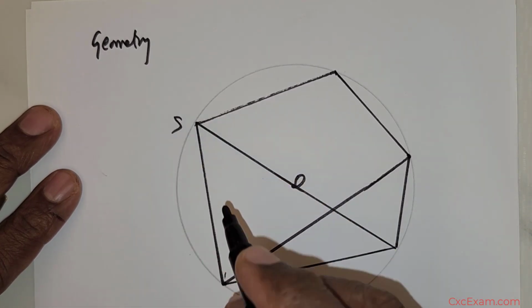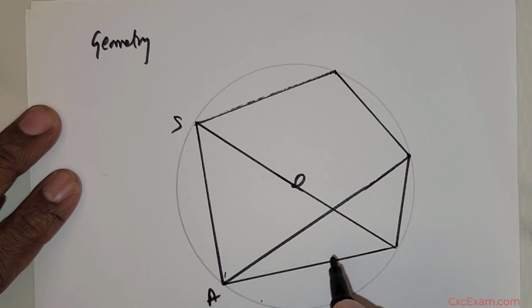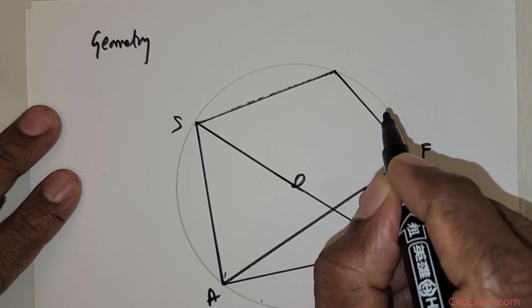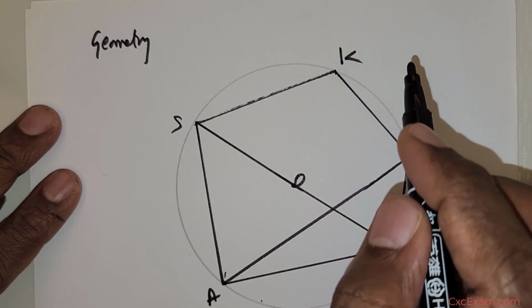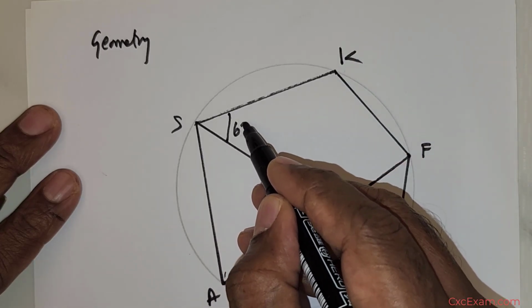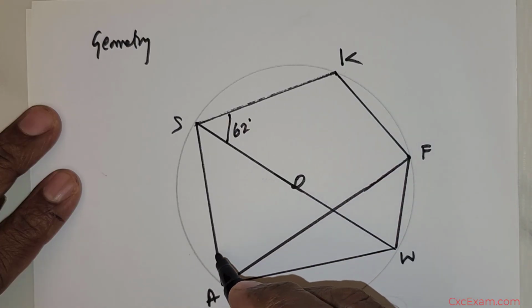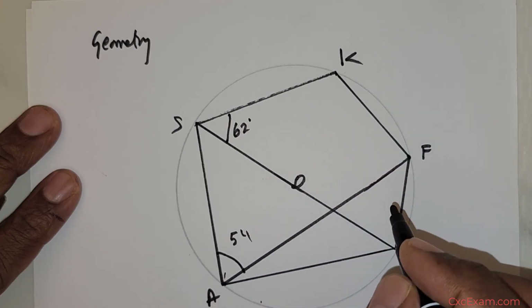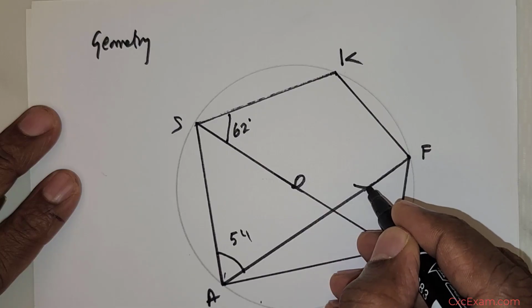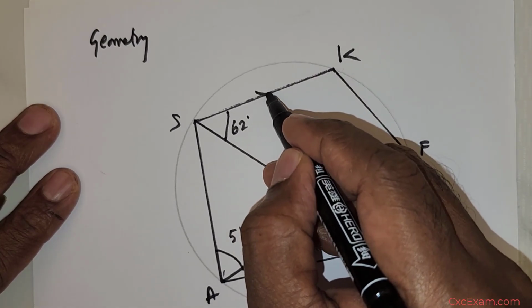So this is S, this is A, this is W, F and K. This angle is given as 62 degrees. This angle is given as 54 degrees. These two lines are parallel.